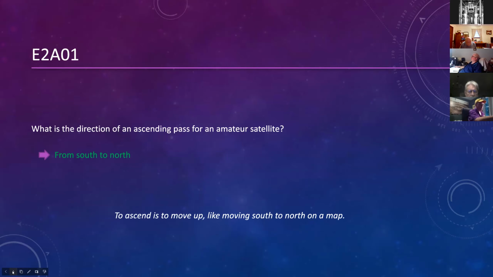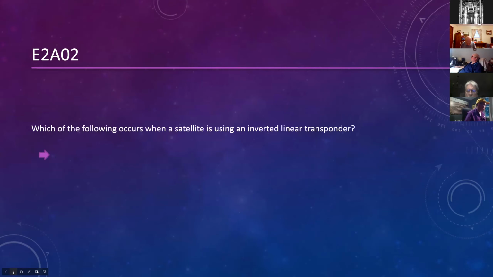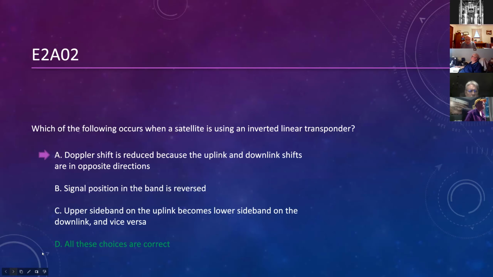On some of these questions, if I come up with a memory device that helps me, I put it at the bottom. Y'all can ignore them, or if they're helpful to you, use them. Question 2: which of the following occurs when a satellite is using an inverted linear transponder? The answer is all of these choices are correct. This is a good time to mention that in the presentation, I'm only going to show you the correct answer.